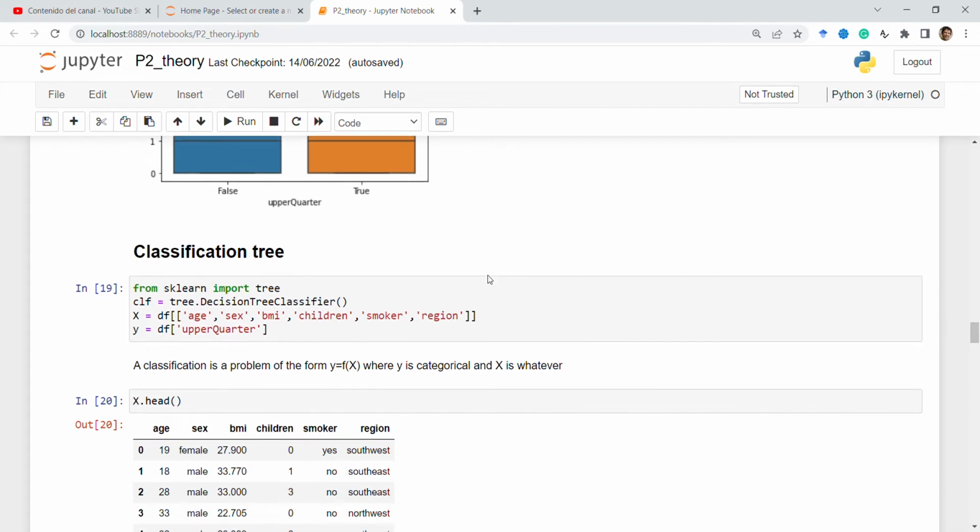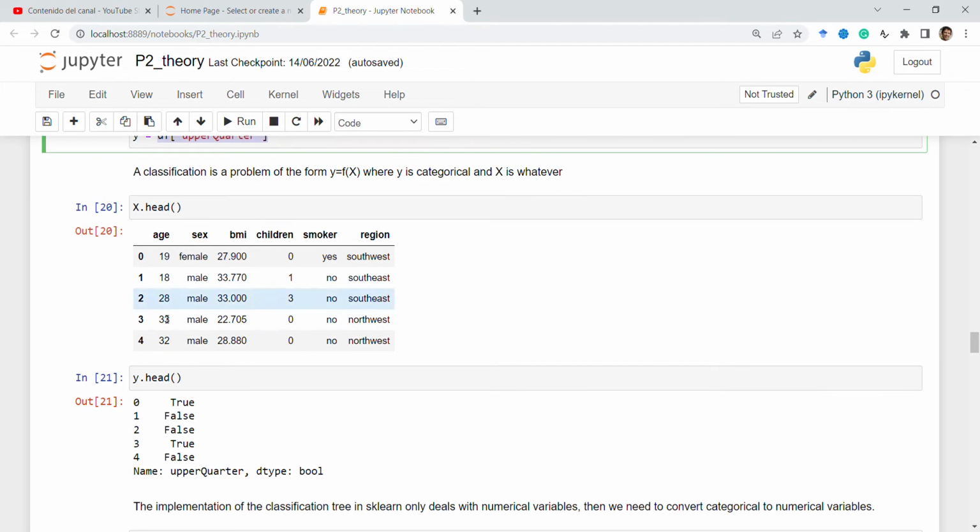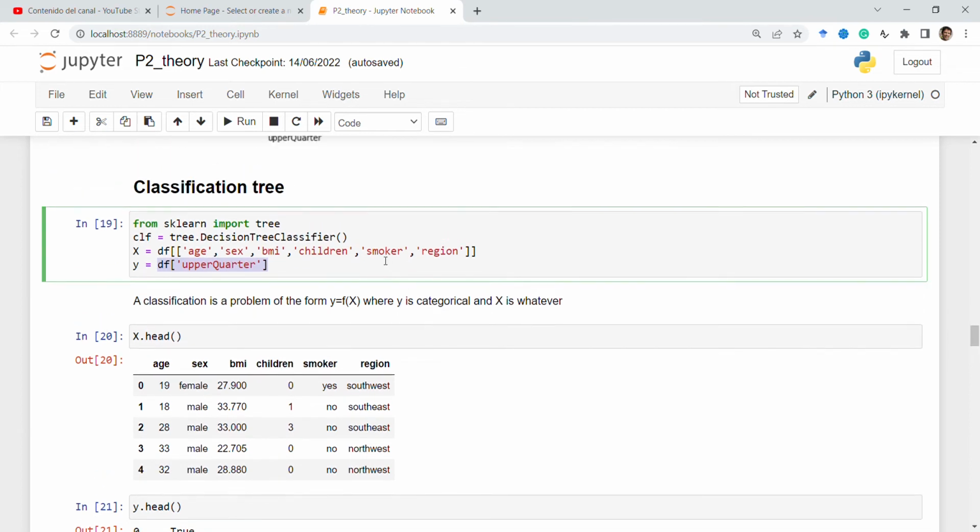So for the classification tree, we will use all these variables as predictors, and we want to predict this one. And we check that we have not made any mistakes. We show the first 5 rows. And a big mistake is if you put the upper quarter as one of the predictors, because if you do so, the classification is trivial.